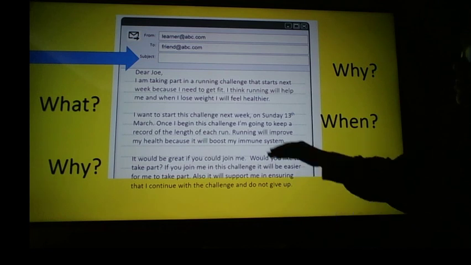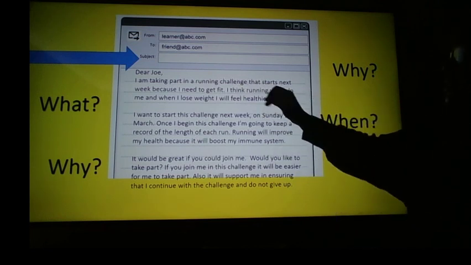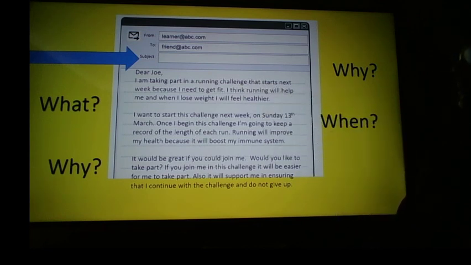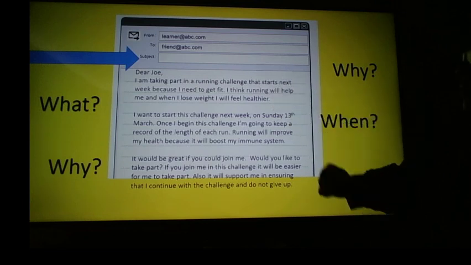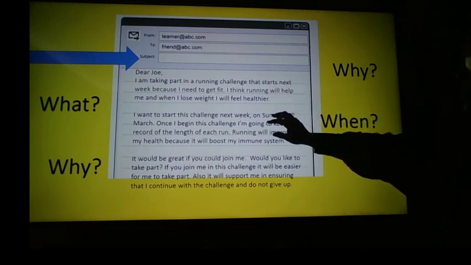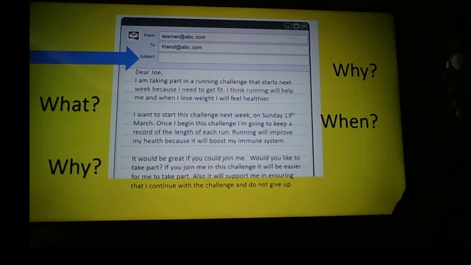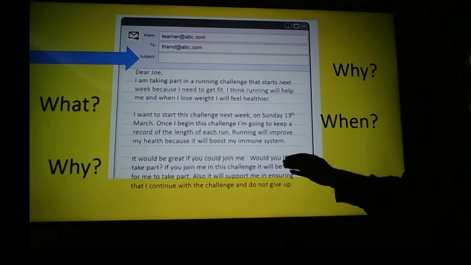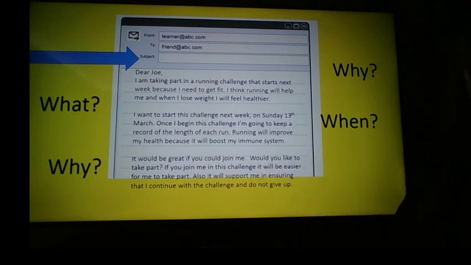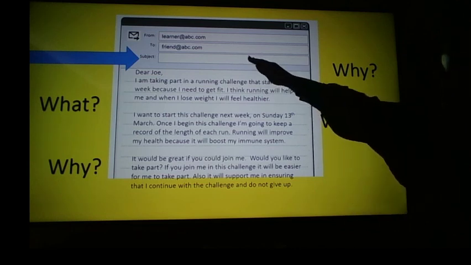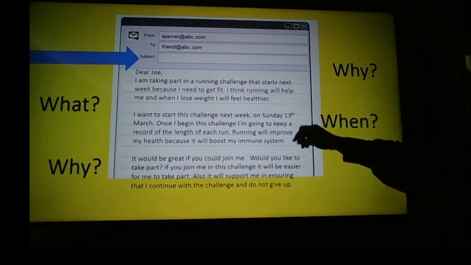So I have to answer it, and I do have to start Dear Joe, because that's how I start my emails off, and I use a comma, and then I'm going to put paragraphs. You can't see the ending of my email there, but you might be able to see it on the next slide. And you have to finish the email. So remember, when we get on to the information that shows you how the examiner marks it, you'll see why you have to fill in those bits.